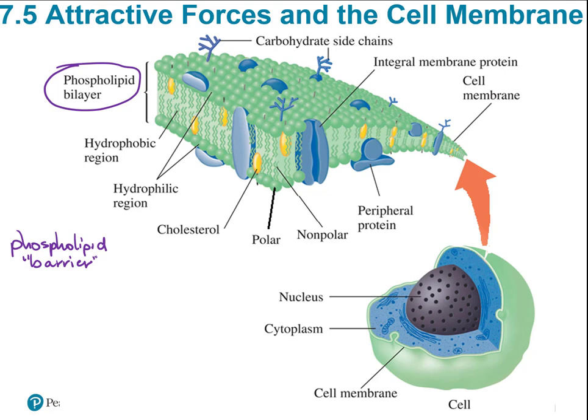Do you see the yellow things that look like little jelly beans almost? That is the other component that's found as part of the cell membrane. That's cholesterol. Cholesterol is found in animal cells, and cholesterol helps to make the membrane stronger.